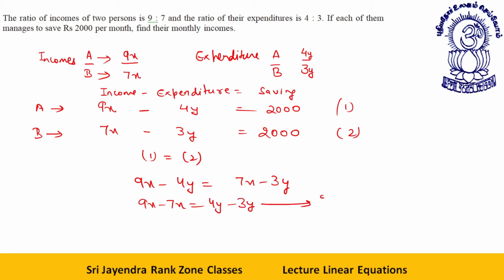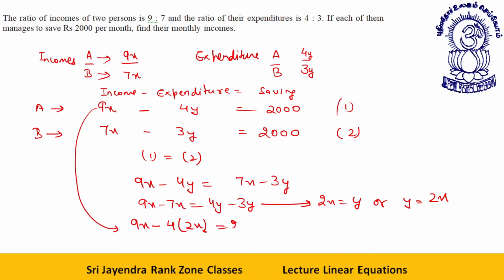From here, what do I get? 2x is equal to y, or y is equal to 2x. If I put y is equal to 2x over here, 9x minus 4 into 2x is equal to 2000. What do I get? I get x is equal to 2000.